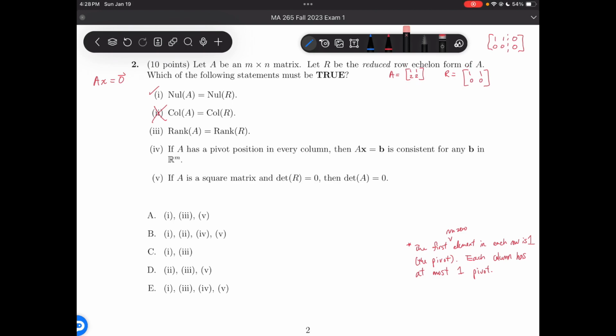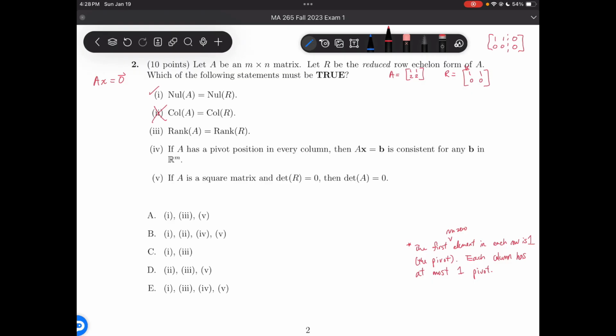Okay. The third statement says rank A equals rank R. So rank is the number of linearly independent columns in a matrix. The way we calculate rank is for any matrix, we first take the row reduced echelon form, and then we count the number of pivots.